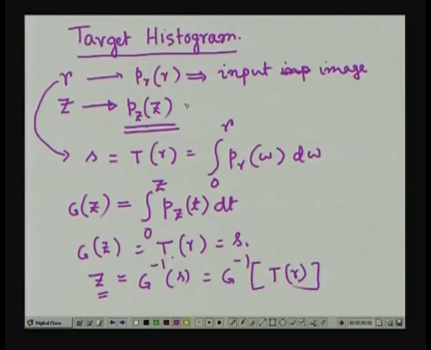So, our procedure is, first equalize the original image, obtaining the histogram from the given image, then find the transformation function G(z) from the target histogram that has been specified, then do the inverse transformation of the equalized image using not T inverse, but G inverse, and this G inverse has to be obtained from the target histogram that has been specified.